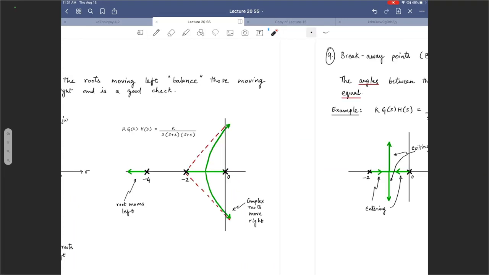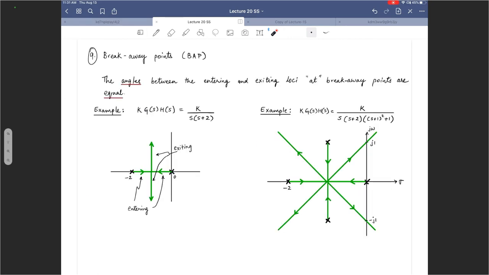Next, the question is to find the breakaway points. And we are right now interested in the angles between the entering and exiting loci at breakaway points. So what is the angle at which the root locus breaks away from the breakaway points? The rule is that they are going to be all equal.